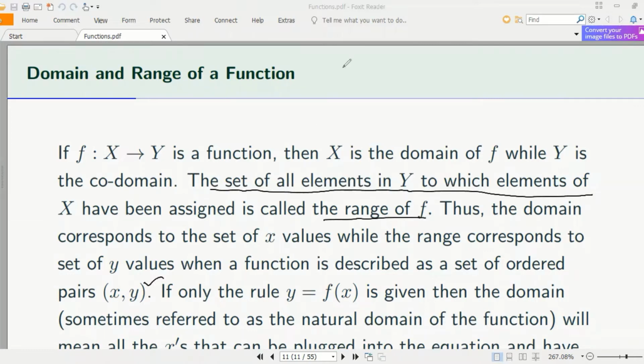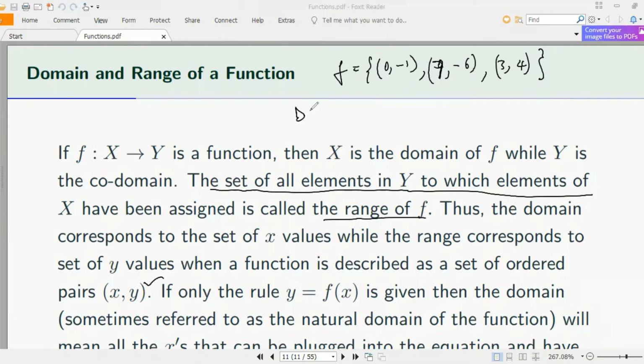So that means if this is a function, the same way we looked at this before, then what's the domain?